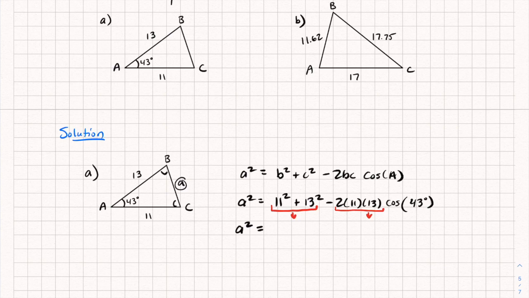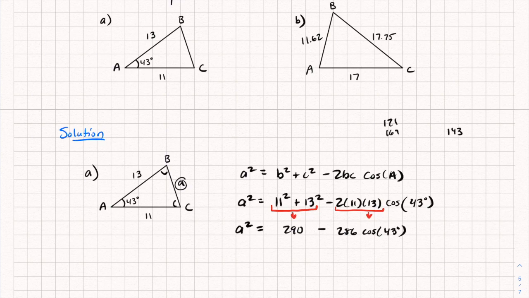I actually went through and just did all of it. So 11 squared is 121, 13 squared is 169. So adding this together, you should get 290. Now this would be minus 2 times 11 times 13. 11 times 13 would be 143. Double that is 286. Cosine of 43 degrees.